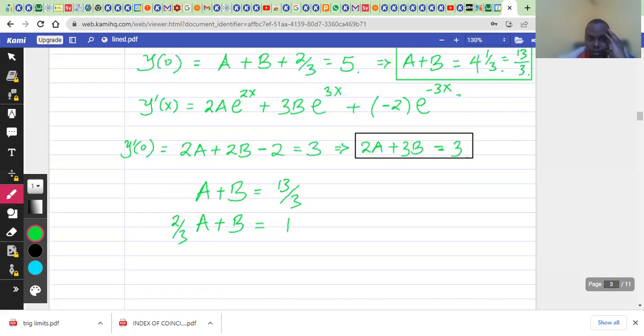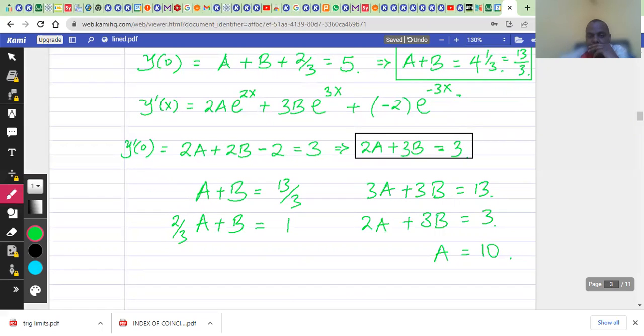Okay. So you would have 3A plus 3B equals 13, and then 2A plus 3B equals 3. 3A minus 2A is A, 13 minus 3 is 10, right?